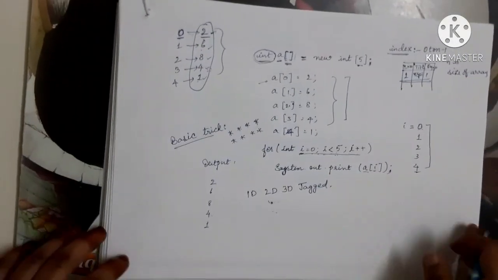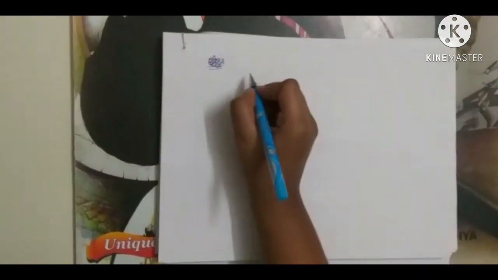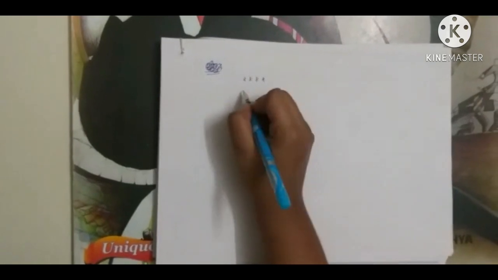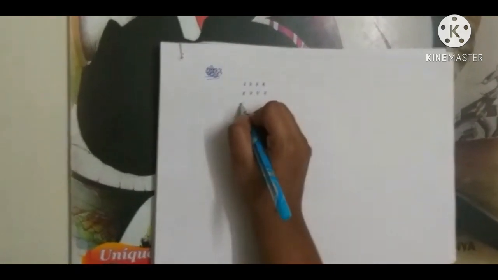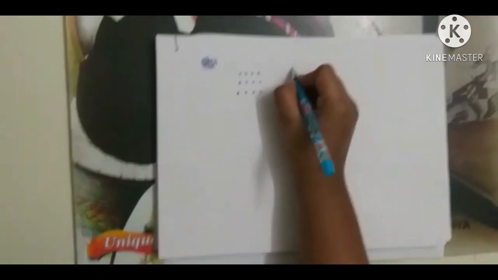Basically, if we know how to print stars, we can use the same trick to print 2D, 3D or jagged array. So let me give the code for 2D array.